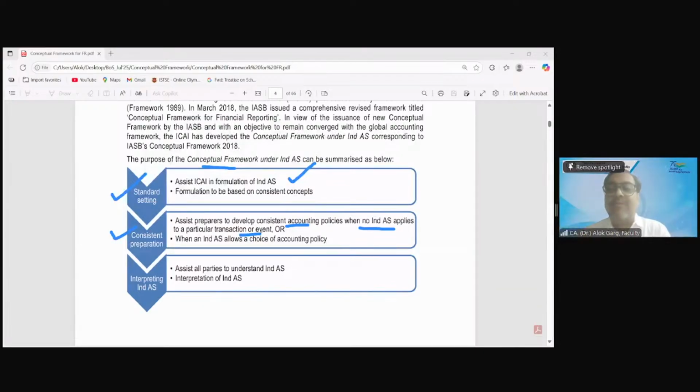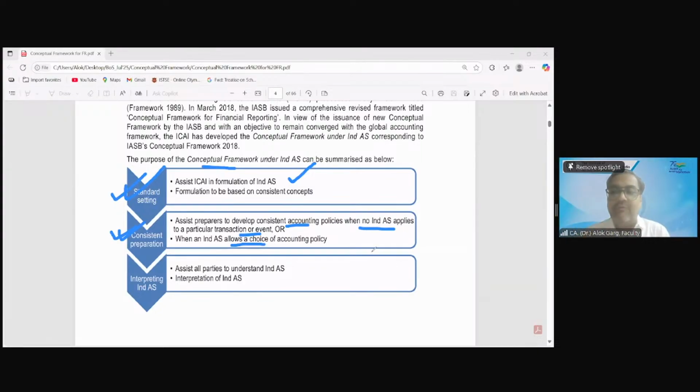And you need to apply that accounting policy consistently from one period to another, right? So one is in drafting of standards. Second, when no Ind AS is available, this framework provides you guidance for preparation of an accounting policy on that particular item.